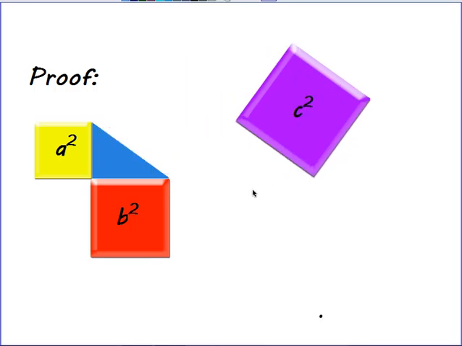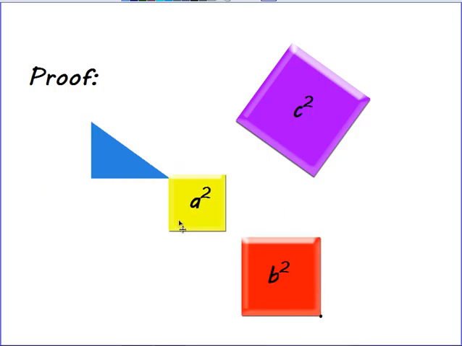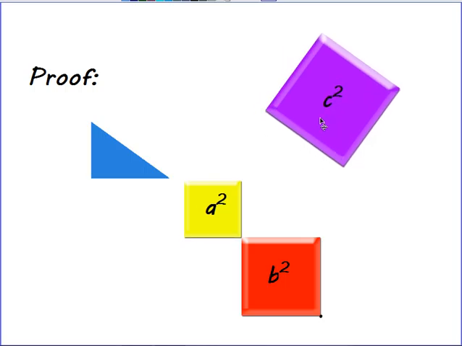We're going to drag these squares off to the side. And we're going to put A squared and B squared kitty corner from each other and leave C squared off to the side for now.